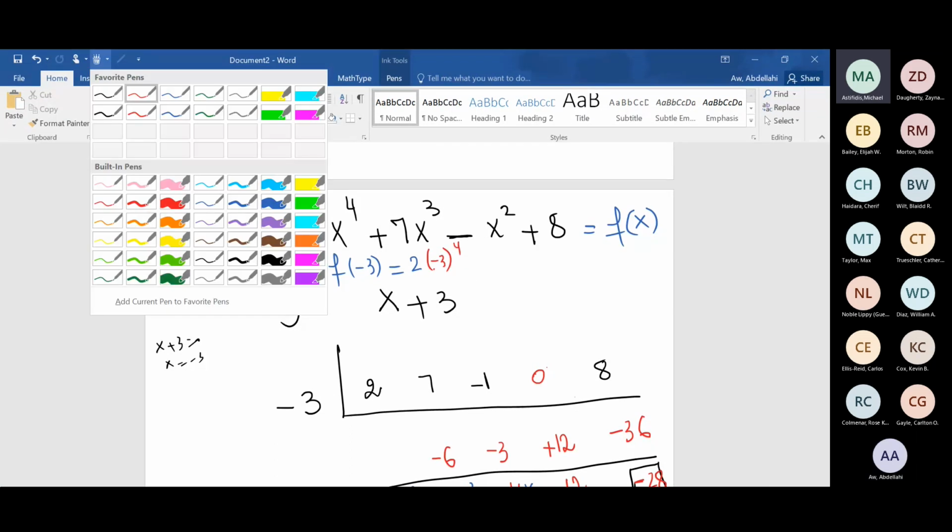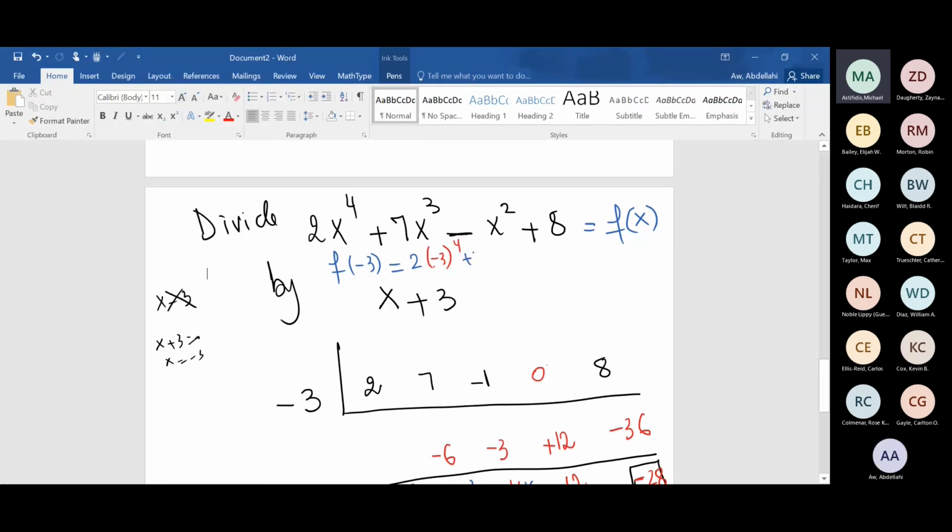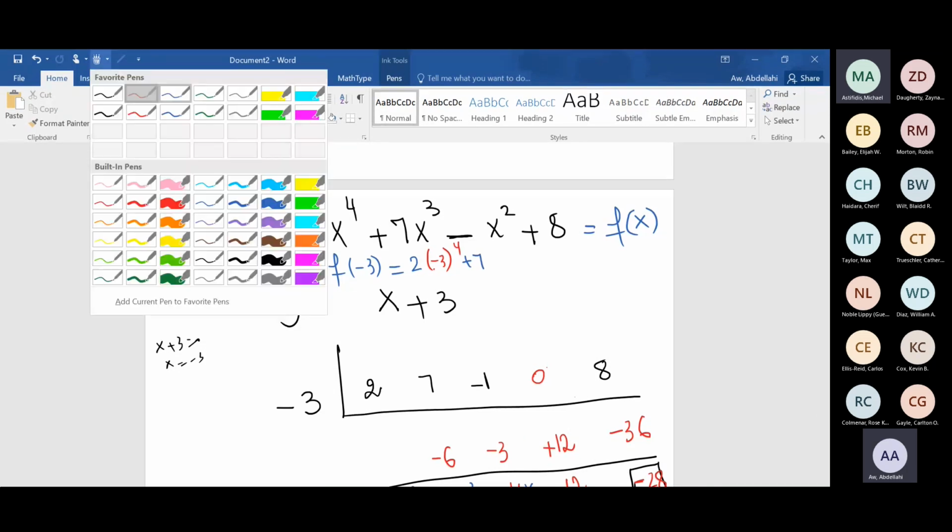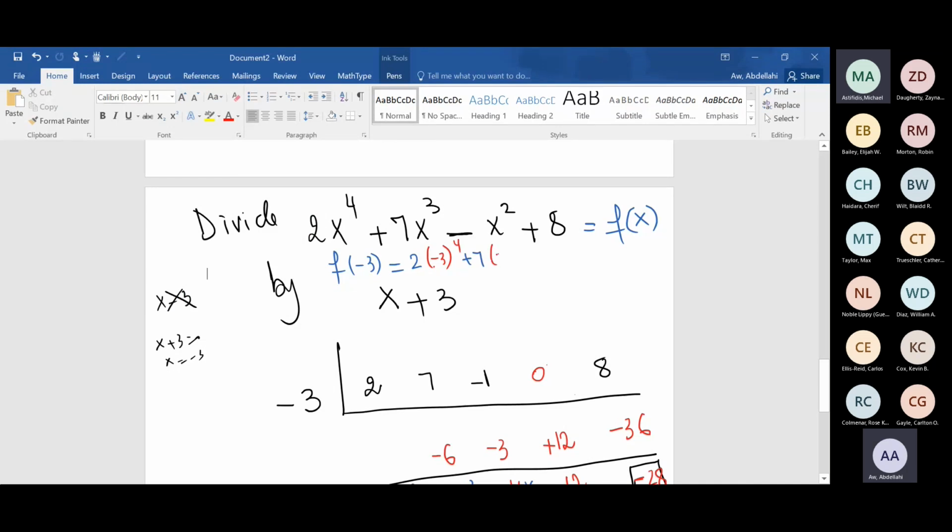Plus 7 times negative 3 to the cube, right? Minus negative 3 squared. And then plus 8. All right? I take my calculator, I do the math right here.